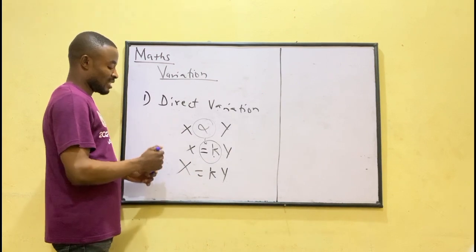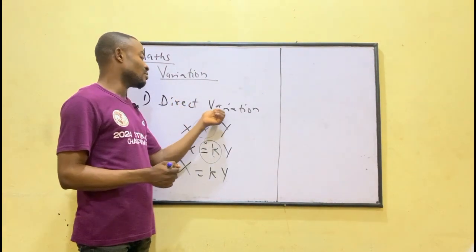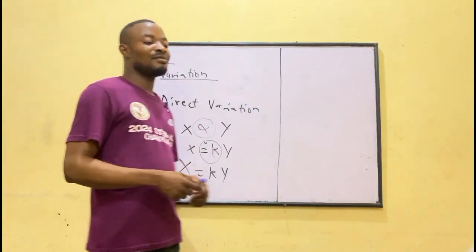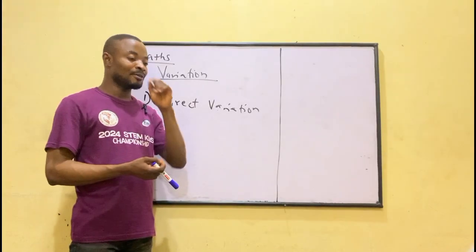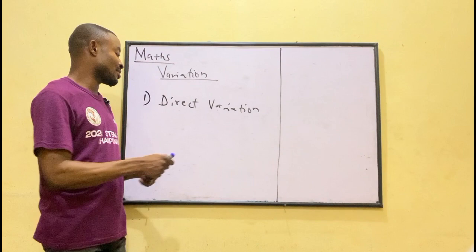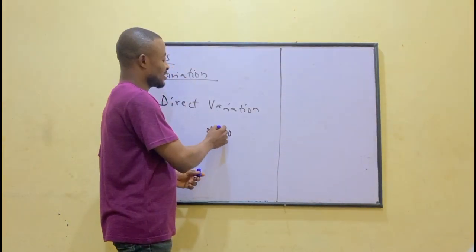So let's have a question and see how we can solve questions that involve direct variation. Now remember, an example of a direct variation is if we have a school and the salary of a staff in the school is, let's say, 80,000 naira.